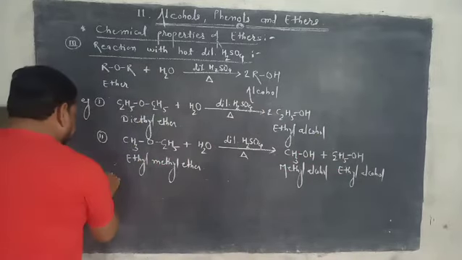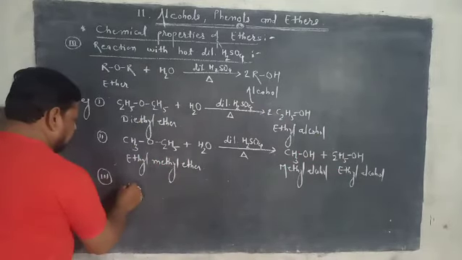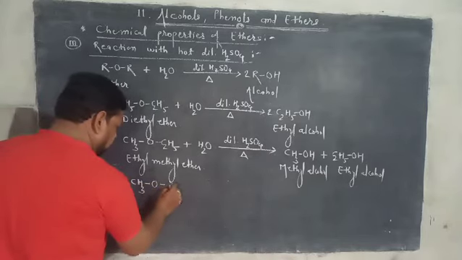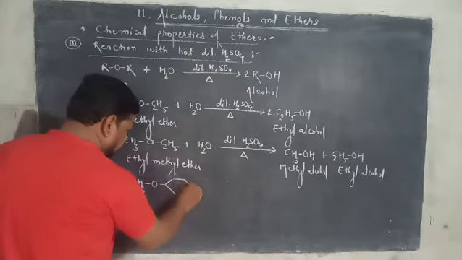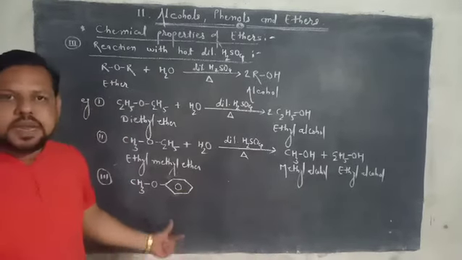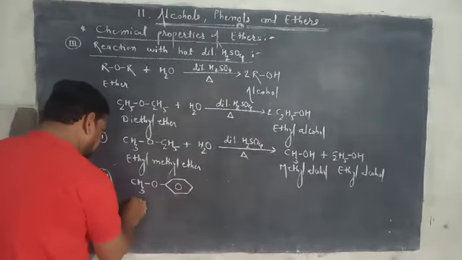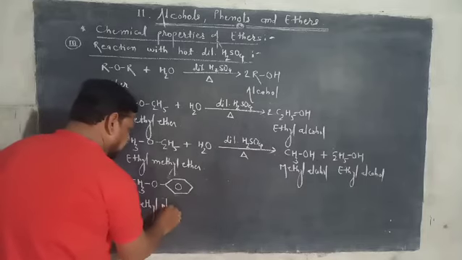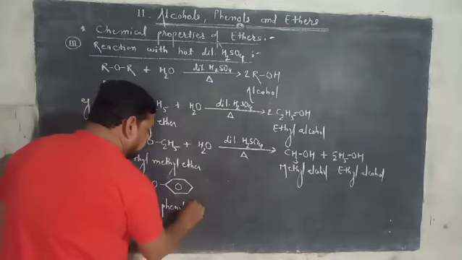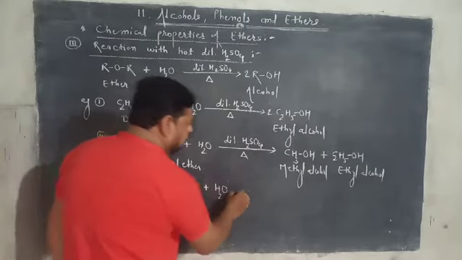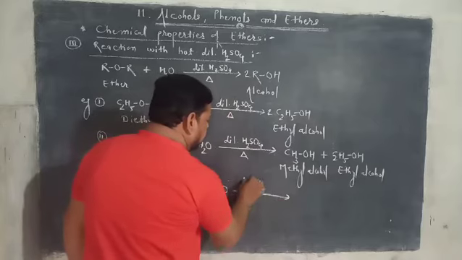Our next example is CH3O, methyl phenyl ether. It gets hydrolyzed by dilute sulfuric acid.